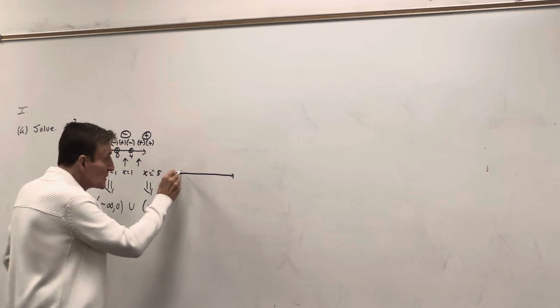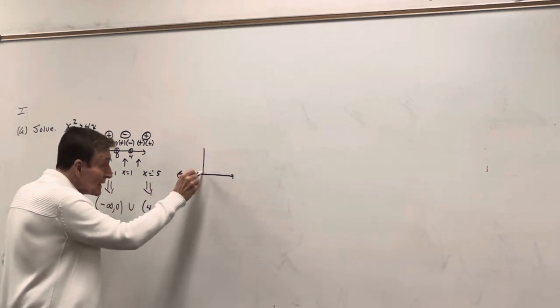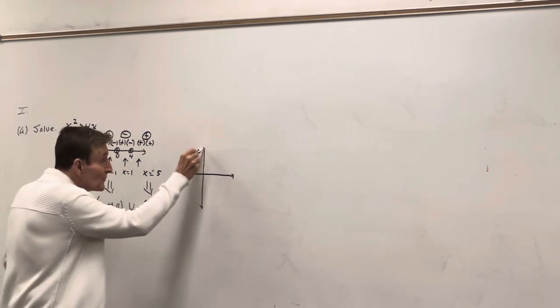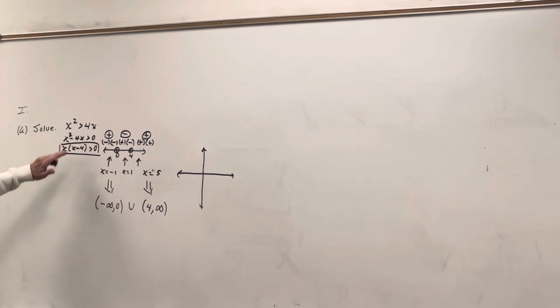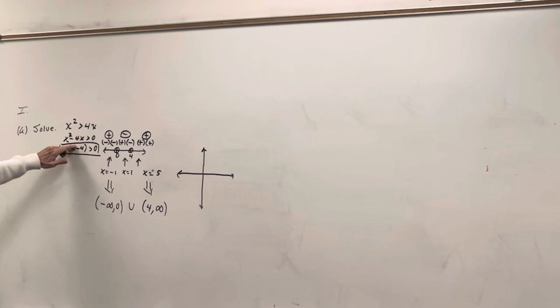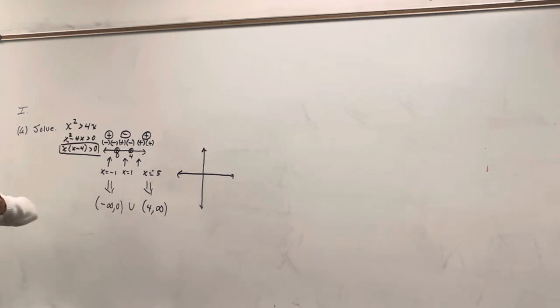You say, wait, Professor, I'm going to approach this problem this way. I'm going to graph this parabola, the graph of this quadratic, x squared subtract 4x. And I have not shown you in class the techniques to graph a parabola. Does anyone have anything in mind there, based on what you see?